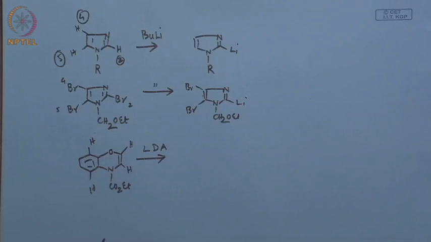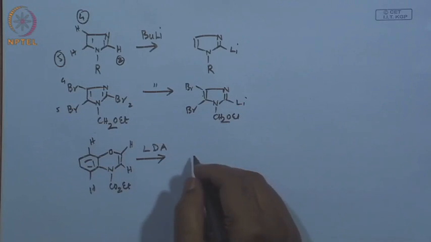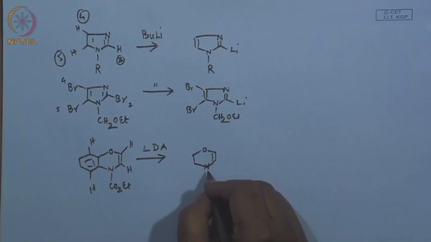Now, you have the option adjacent to oxygen and nitrogen, and again the more electronegative atom, which one? Oxygen. That is what you would say, but unfortunately the answer is not that. In this case there are little complications. It is because of the ester group, right. So, the lithiation takes place here, next to nitrogen.